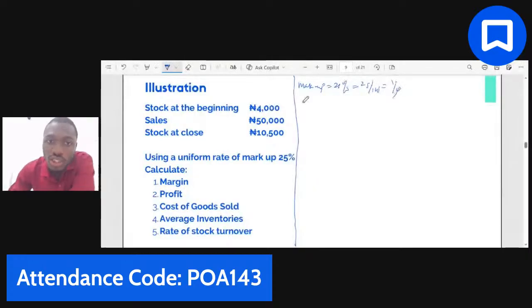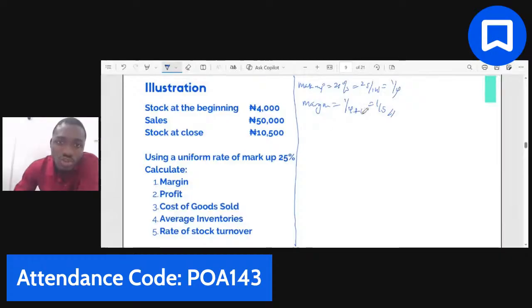Then it means that your margin will be equals to numerator over denominator minus numerator. That gives us 1 over, sorry, you are converting markup to margin, so you have to add. So that gives us 1 over 4 plus 1. So that's 1 over 5. So this is your margin, number 1 done.